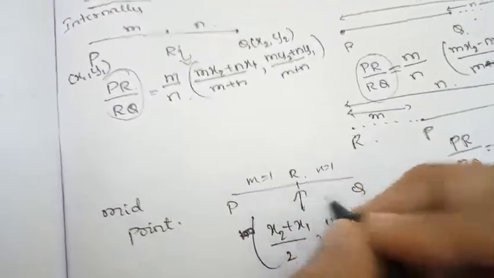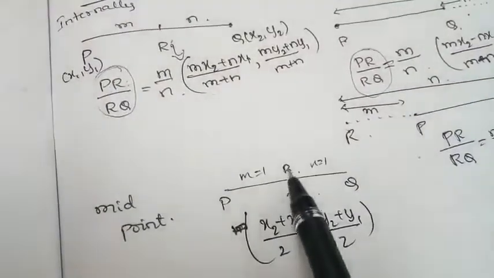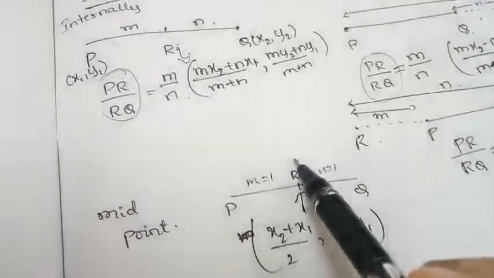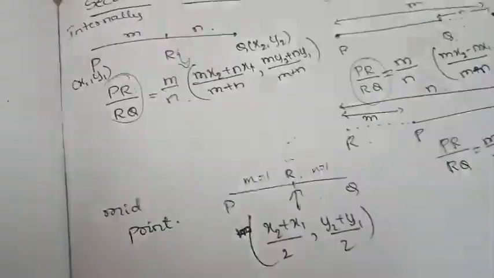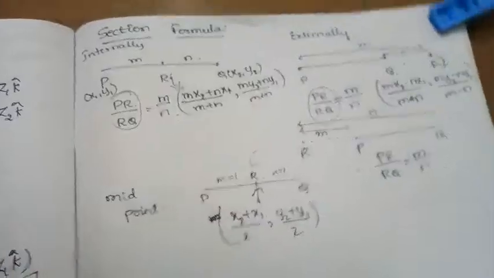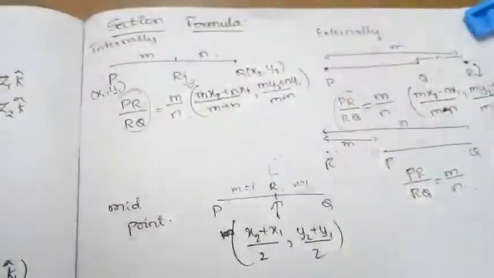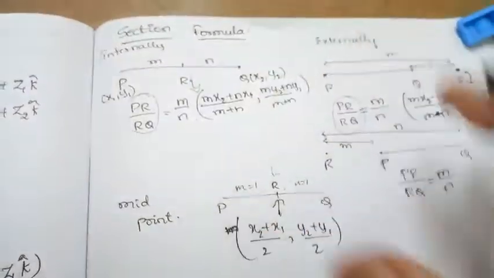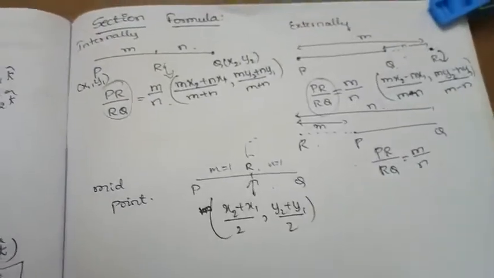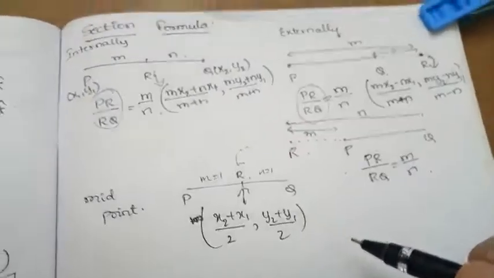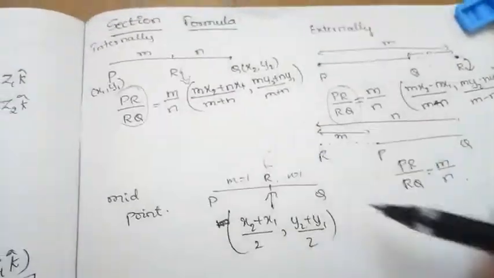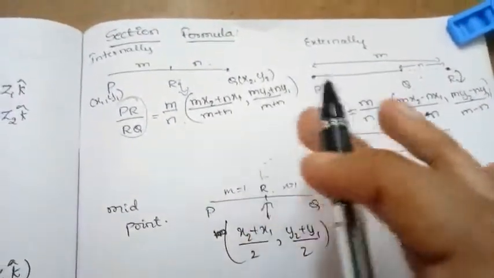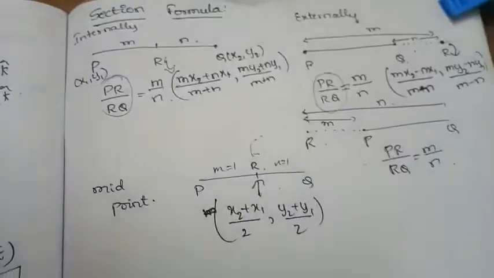So this is the coordinate of point R when R is the midpoint of P and Q, or R divides PQ such that R lies at the midpoint of the line segment PQ. So this is a brief explanation regarding the section formula which we learnt in class 11. I explained these things because they will carry over purely to vector algebra. So I just gave a brief introduction, or brush up, of the section formula which we have already learnt.